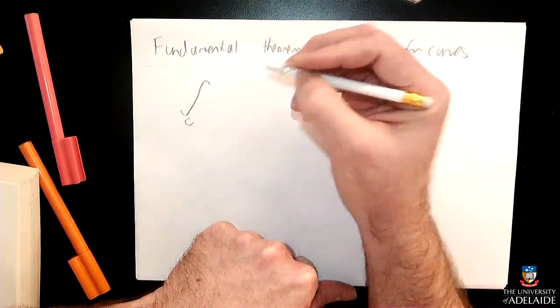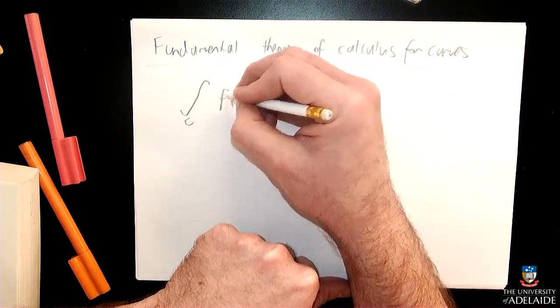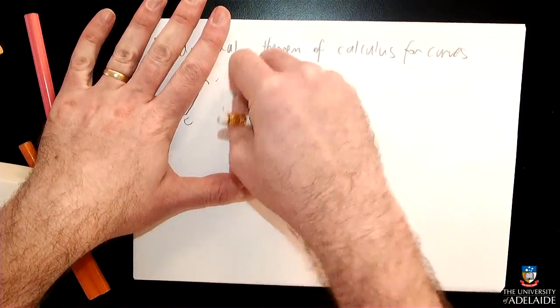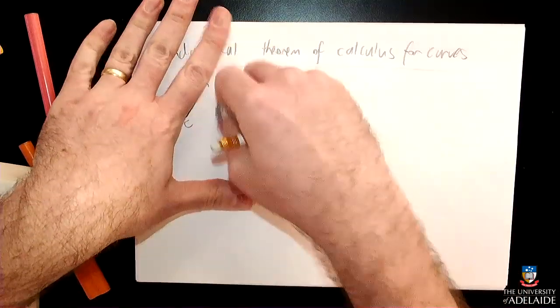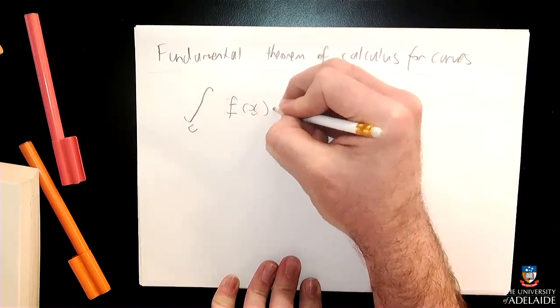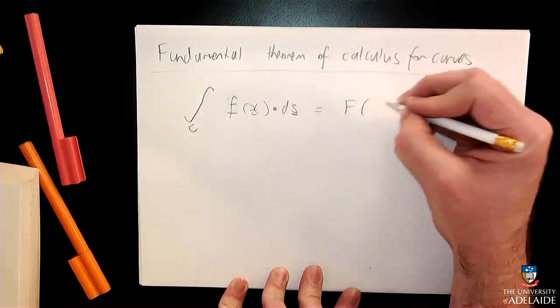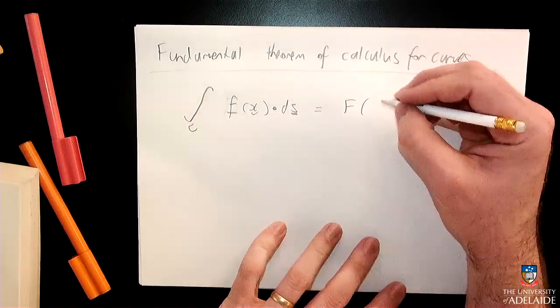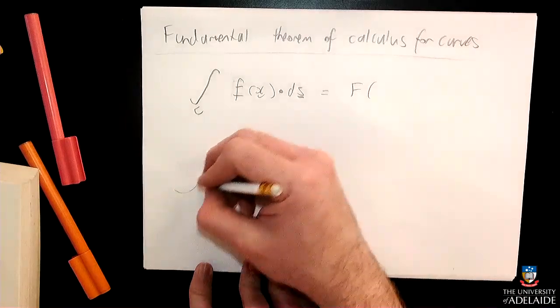So the integral across a curve of a vector function ds is f of, I just need to draw my curve to make this make sense.